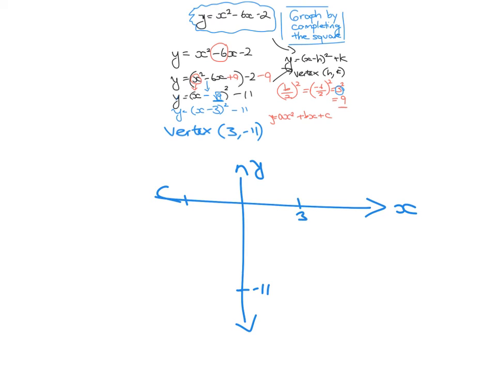Notice I'm putting a scale on: 3, -3. My quadratic has its vertex at (3, -11) about there. I'm just going to sketch the graph. I know it's going upwards because the number in front of x squared is positive, so my graph will look something like that. I'd label that as (3, -11), and you've graphed the graph you've been given.